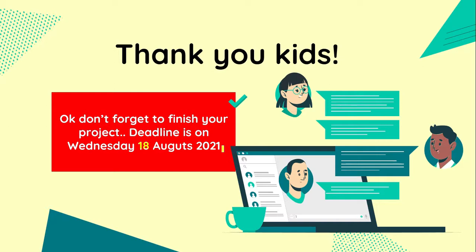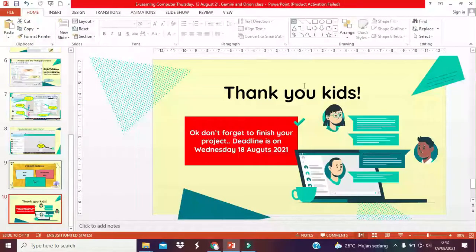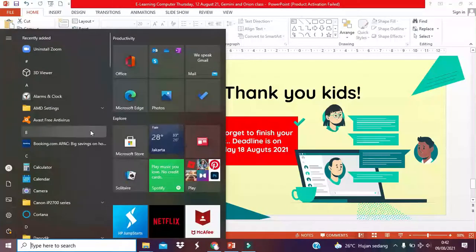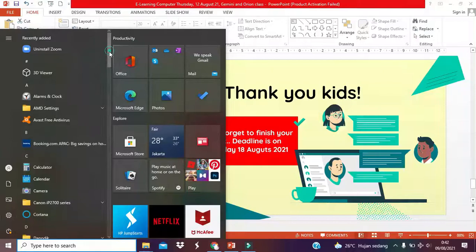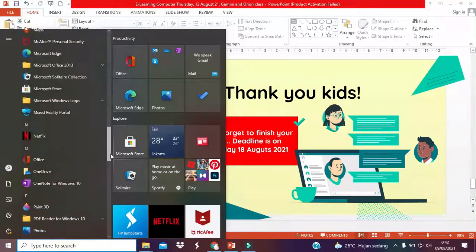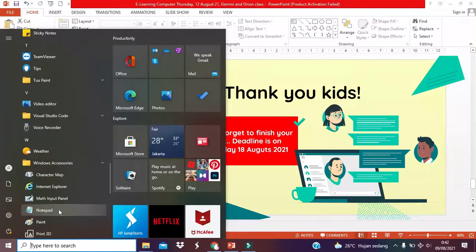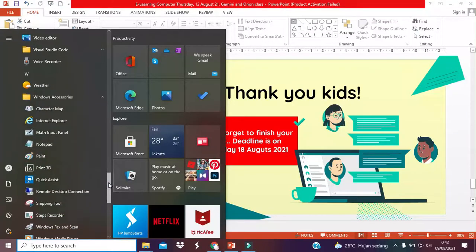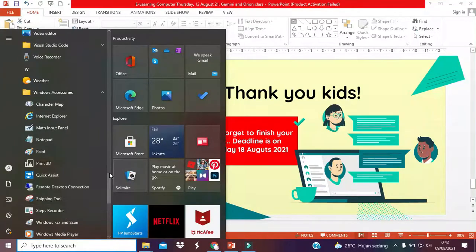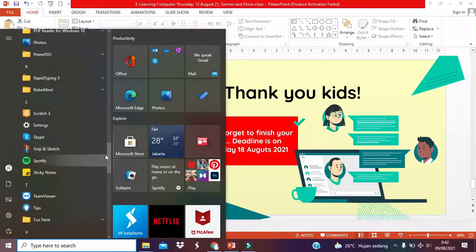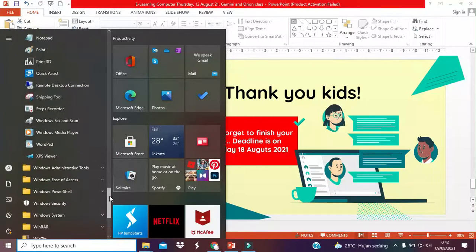Okay, students, now I want to show you how to do your project with the computer. Just now we click the Start button, and then we search for Windows Accessories, and then we find WordPad. WordPad, this one, kid.